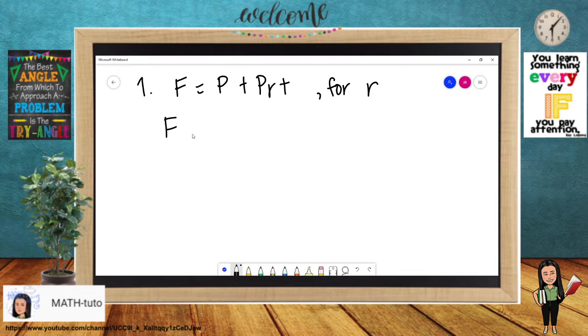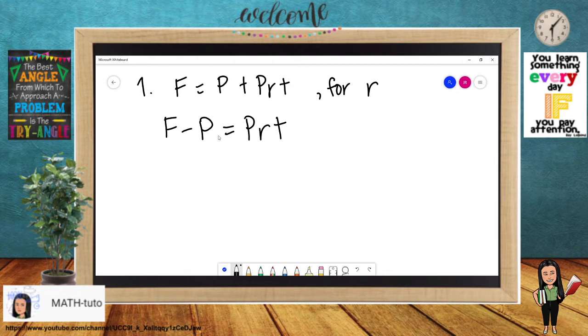So this P will be negative P, and F minus P is equal to PRT. The variable we are solving for doesn't necessarily have to be on the left; it can be on the right, then we just apply the symmetric property in the end.